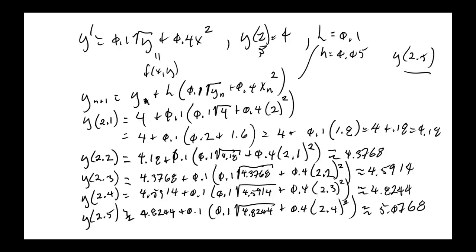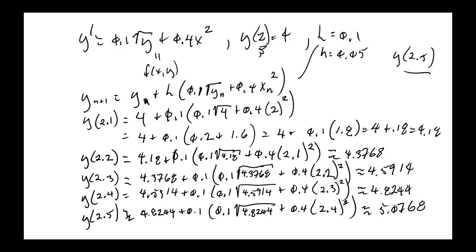Okay, what you're looking for is your approximation of y at 2.5. With a 0.1 h, you get that. With a 0.05 h, you get 5.09. Not a huge difference there, okay? But then you haven't gone very far from where you started.